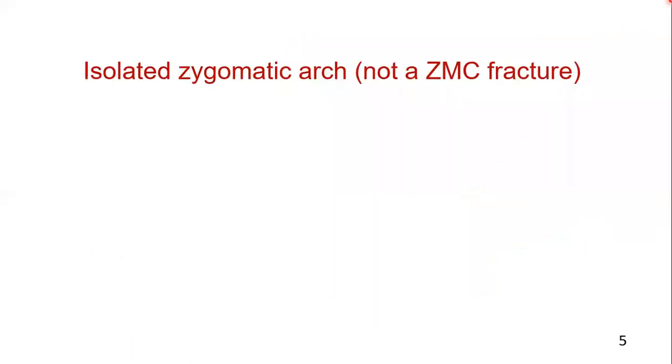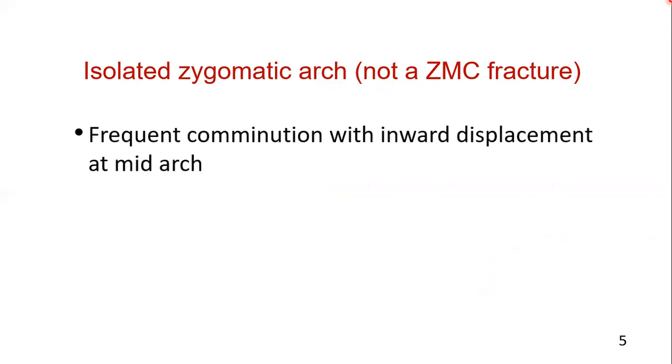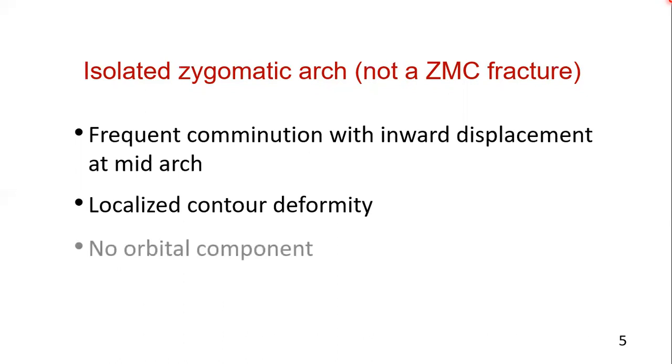Now, isolated zygomatic arch fractures also occur, and these are not associated with the ZMC fracture. Most commonly, you will see the frequent comminution with inward displacement at the mid-arch, as we saw in the previous video, a V-shape zygomatic arch fracture. It will lead to a localized contour deformity or dent in the cheek area.